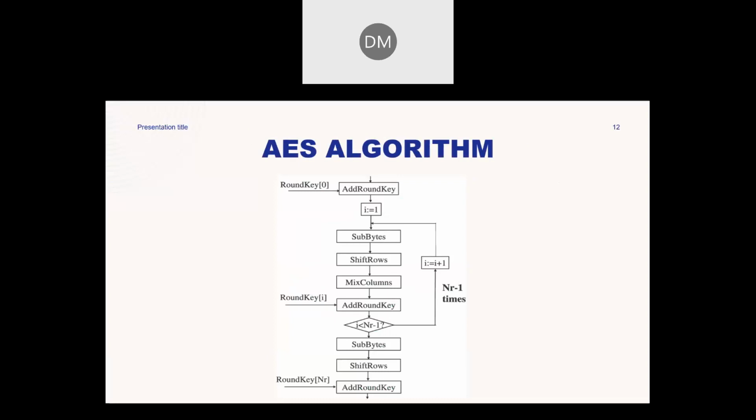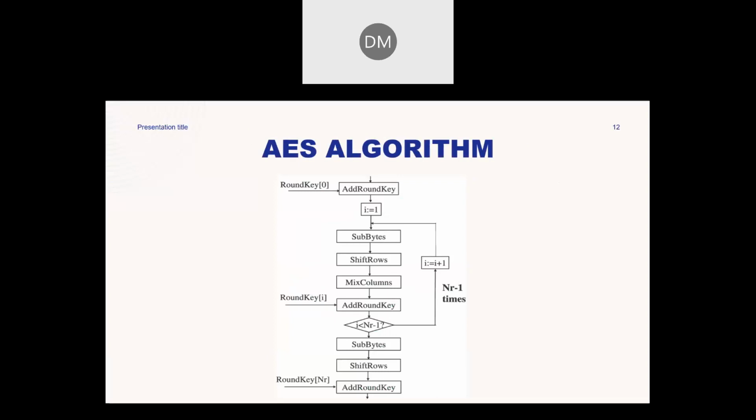As you know, AES has almost similar 4 steps, like SubBytes, ShiftRows, and MixColumns. There will be round keys in each step, and each round performs all these steps.